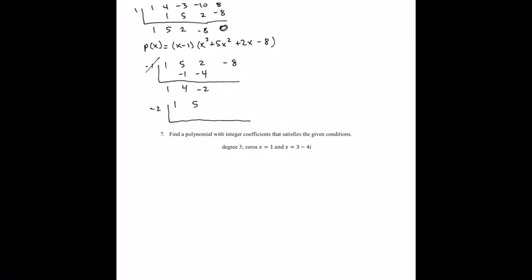Let's try -2. Okay, perfect. So now we know p of x is still x minus 1 is one of the factors. Now we know that x plus 2 is another factor, and then these represent the coefficients of a quadratic factor, x squared plus 3x minus 4.